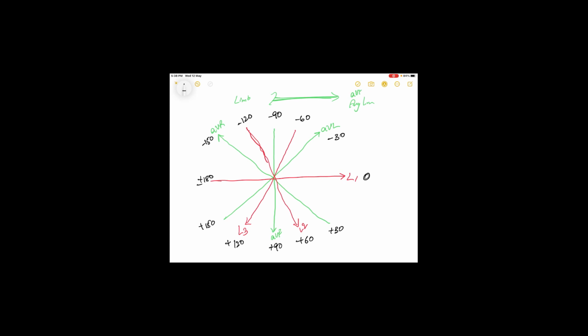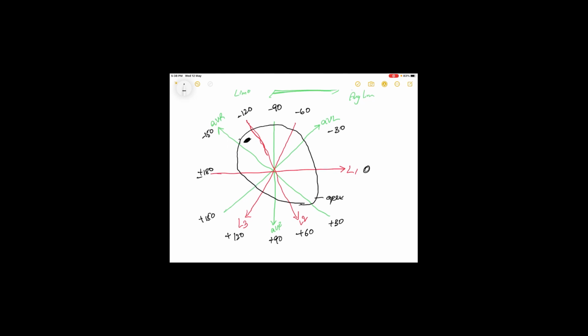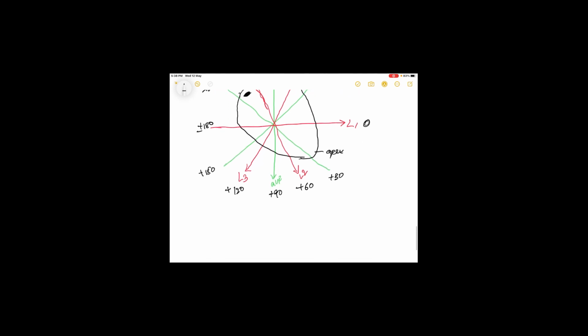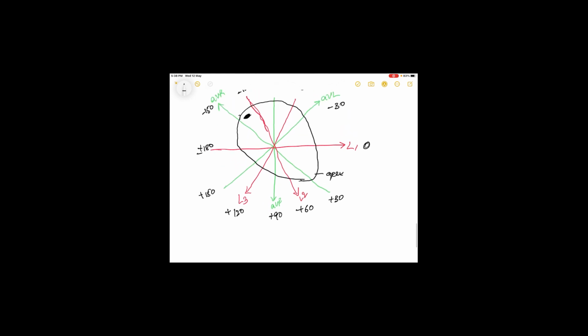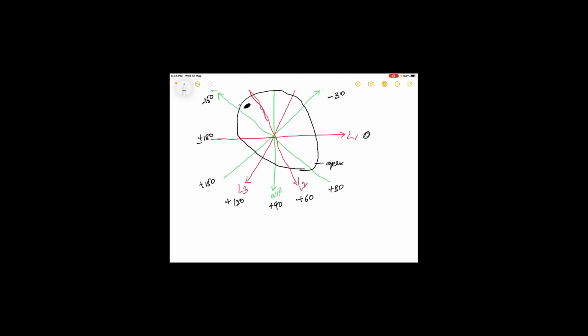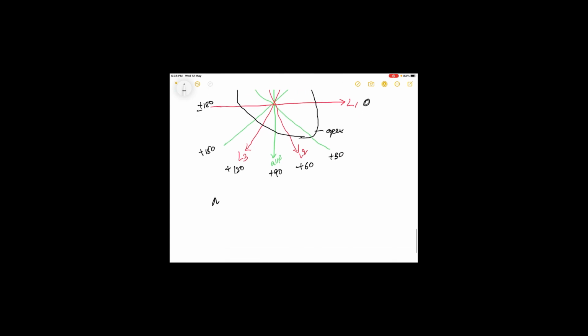Now we shall see how the heart looks. So this is how the heart is located. This is the apex of the heart. So this is how the normal heart looks, and this will be the normal axis system of the heart. Now coming to the various degrees which contribute to various axes, we'll see the normal axis.